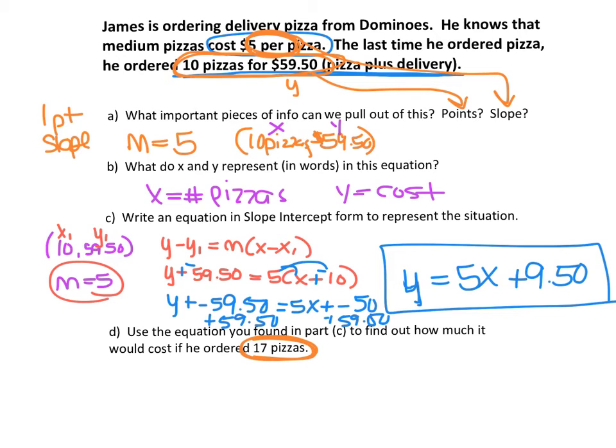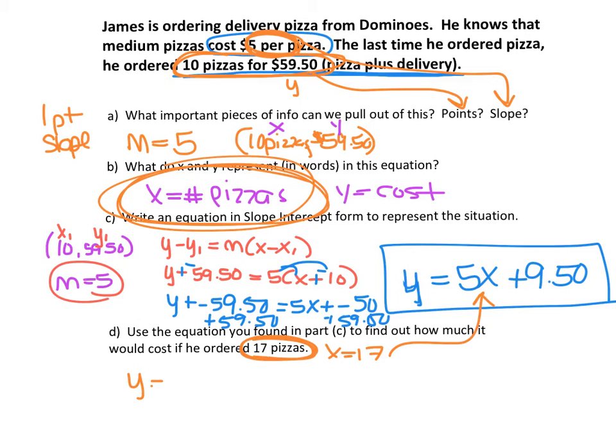So here I'm given a value, and I want to figure out the cost for 17 pizzas. Well, if I look back up above, x is my number of pizzas. So here I have x is equal to 17. So I'm going to substitute that into my equation. So I have y is equal to 5 times my x value, which is 17, plus 950.